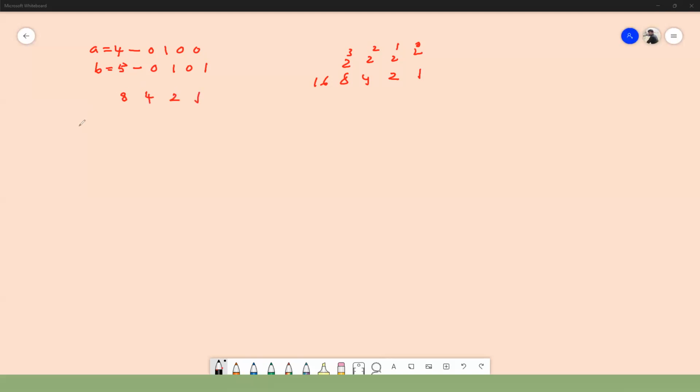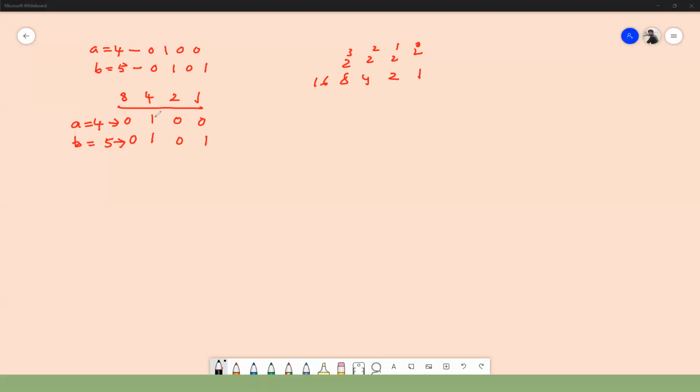A equals 4 means that position becomes 1 and the remaining are 0, so 0 1 0 0. Now B equals 5 means the 4 position and the 1 position, so 0 1 0 1. This is how you will represent them.